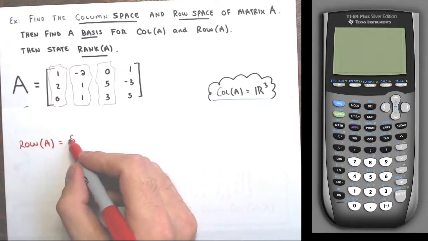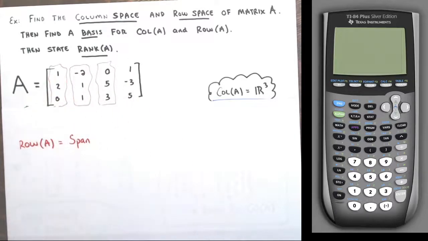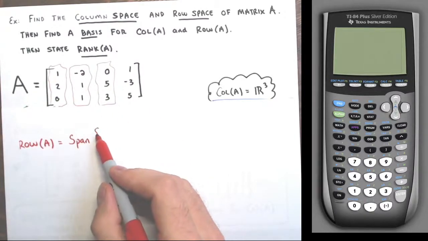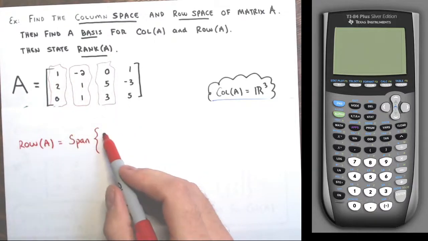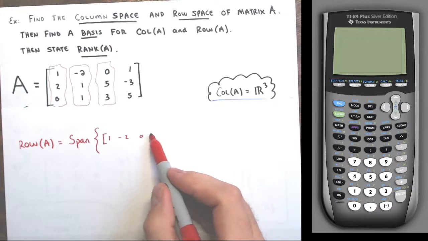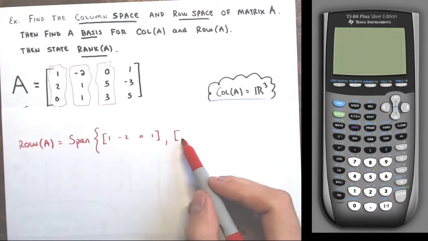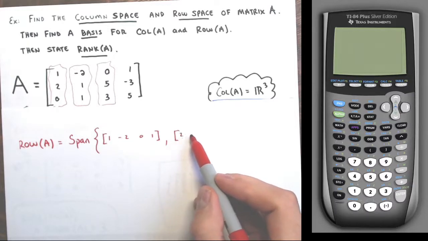The row space of A is, remember, the set of all linear combinations of the row vectors. So it's the span of these 3 vectors. Now I'm going to write them as rows here. Row vectors: 1, -2, 0, 1, that first row vector. And then 2, 1, 5, -3.